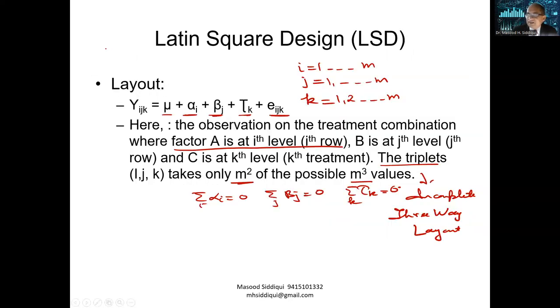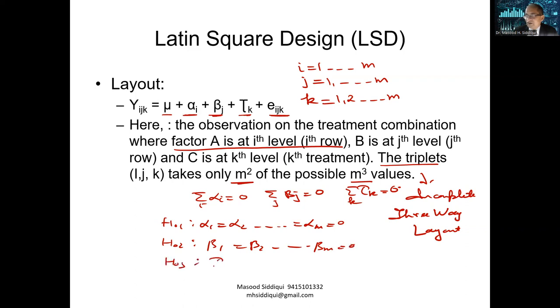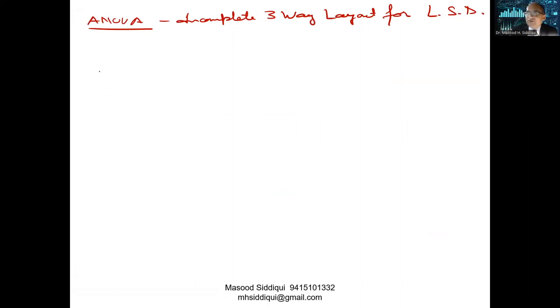We take the hypotheses as H01, that all alphas are the same, H02, all betas are the same, and H03, all taus are the same, and H1 is that at least two are different. So here we are attempting the ANOVA table.